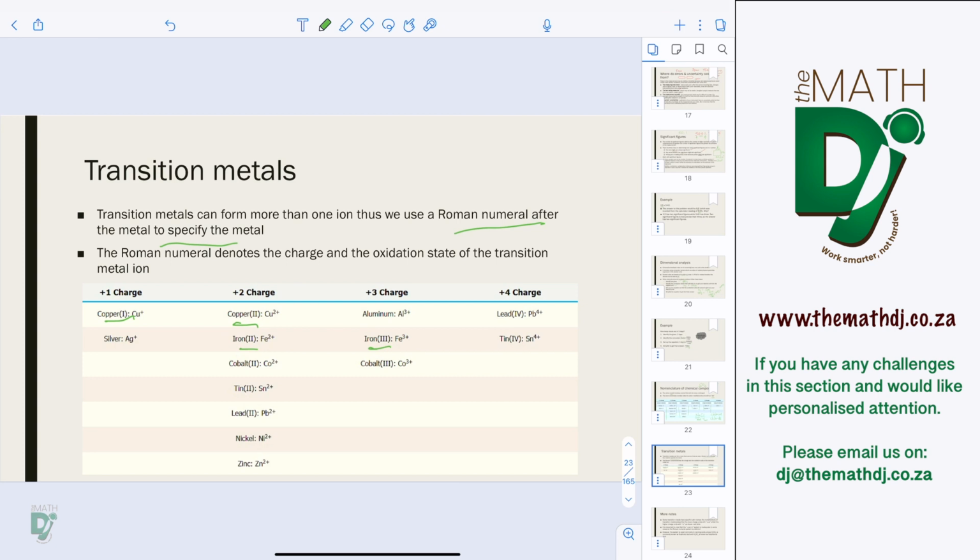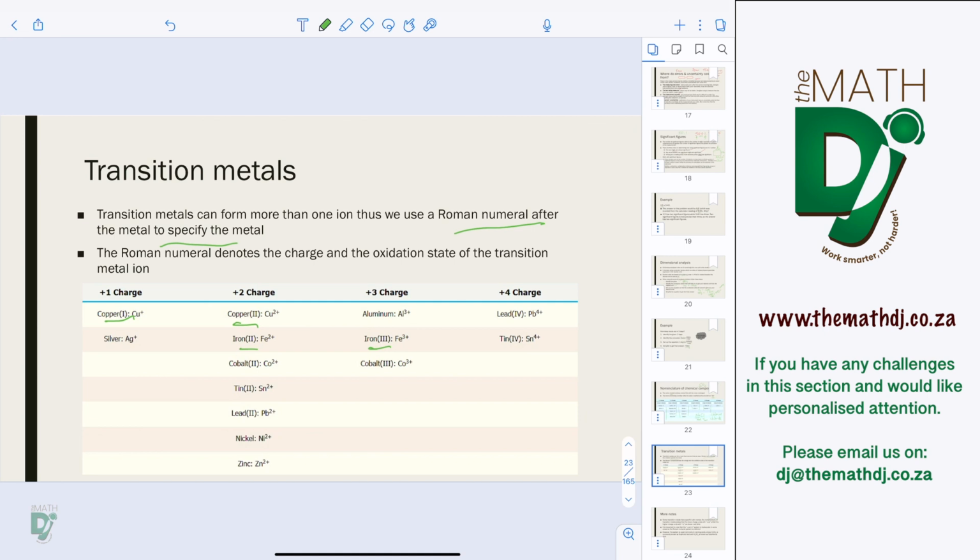So how do they form a charge? It means they are losing electrons. You can lose 1 or 2 electrons, but we will cover it more in other sections. The Roman numeral denotes the charge and the oxidation state of the transition metal. Don't think too much about this at the moment.